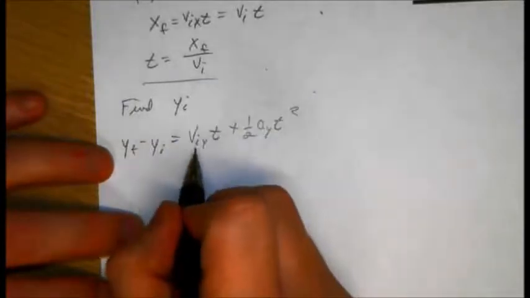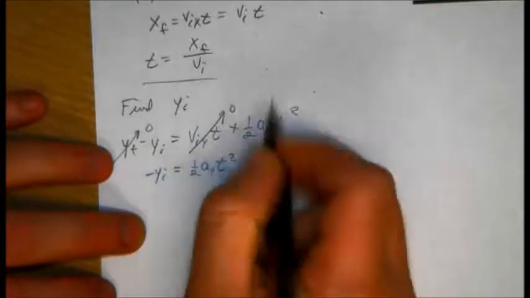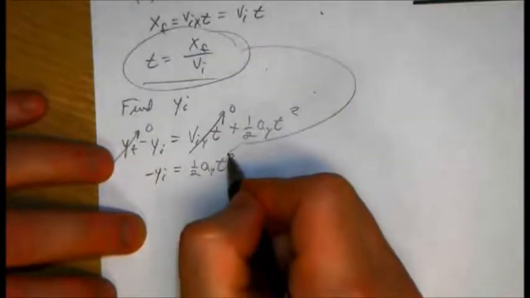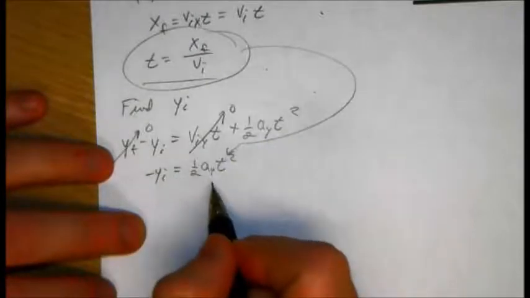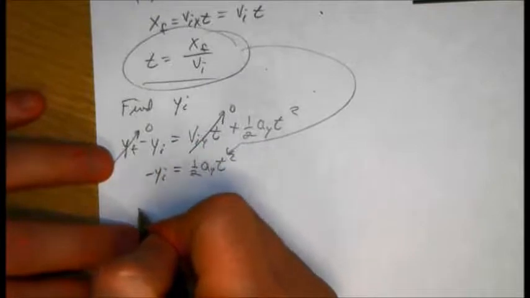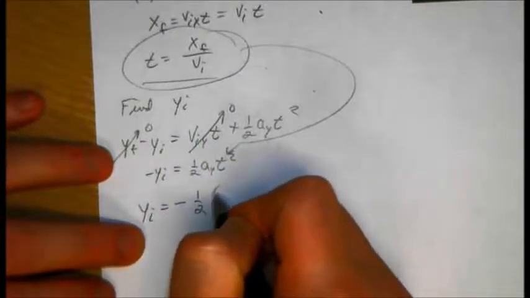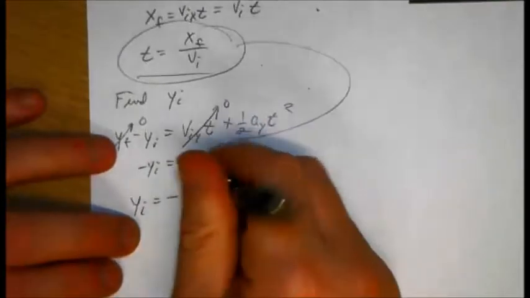We know the initial velocity in the y dimension is 0. We know the final position is 0. So now I have negative y initial equals 1/2 a_y t squared. Well, I'm going to take this time and plug it in for t. I'm also going to multiply each side by -1 to get this negative over to the right. So y initial equals negative 1/2 times x, oops, forgot something.